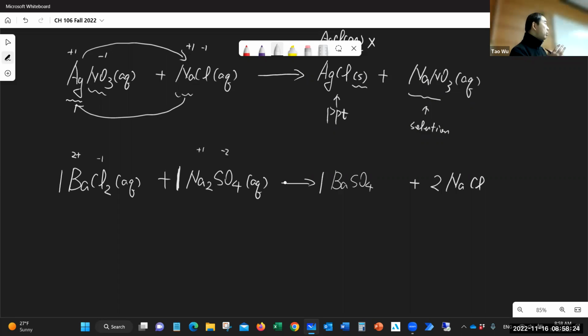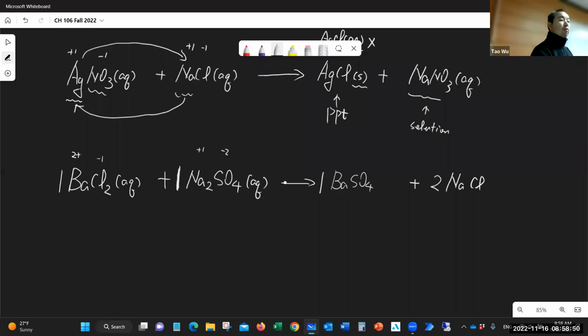The very important point is that a double displacement reaction is pretty easy to balance. You just write the symbols and numbers, and they should be easily balanced. But there is a requirement: you need to write the correct formula. If you're not writing the correct formula, then you have no idea how to balance.